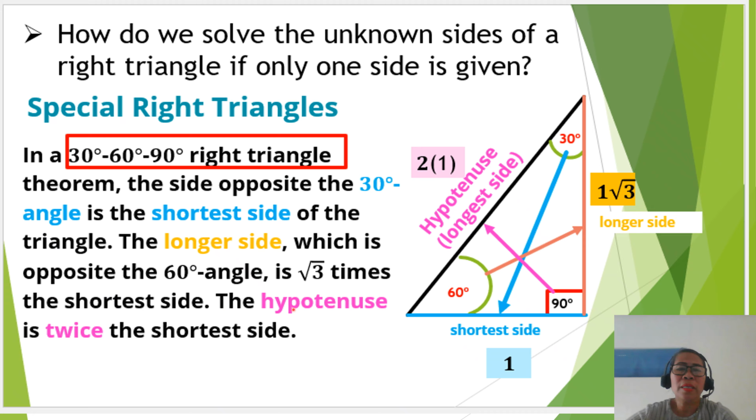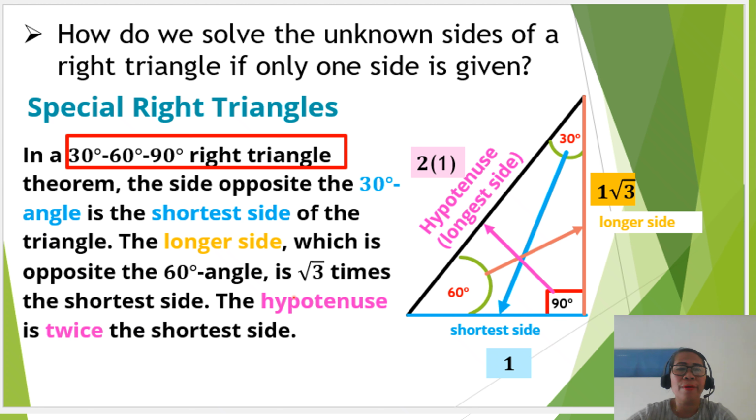The hypotenuse is twice the shortest side, meaning the shortest side is one half of the hypotenuse. Again, the shortest side is one half of the hypotenuse, or in other words, the hypotenuse is twice the shortest side. While the longer side, whatever the shortest side measures, we will always multiply it by the square root of 3.